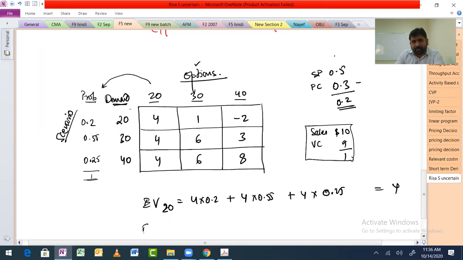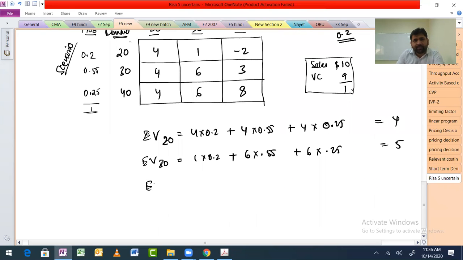Now expected value for 30 is what? There it is 1 into 0.2 plus 6 into 0.55 plus 6 into 0.25. So 0.55 plus 0.25 is 0.8. 80% of 6 is 4.8. Plus 1 into 0.2 gives 5.